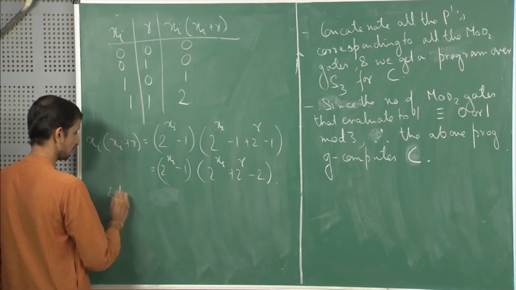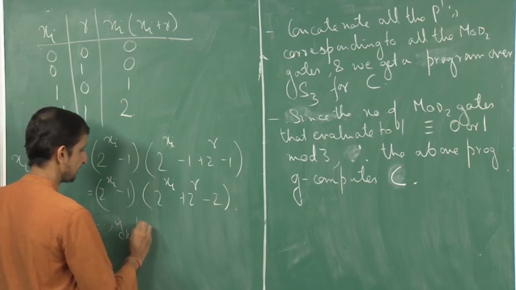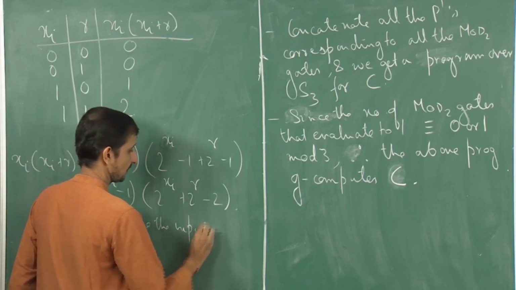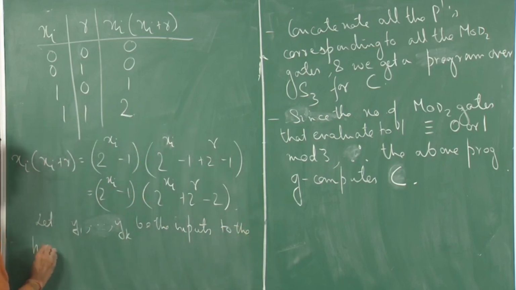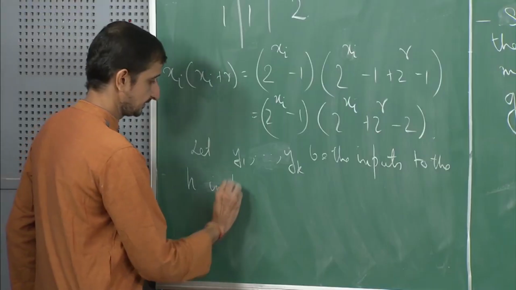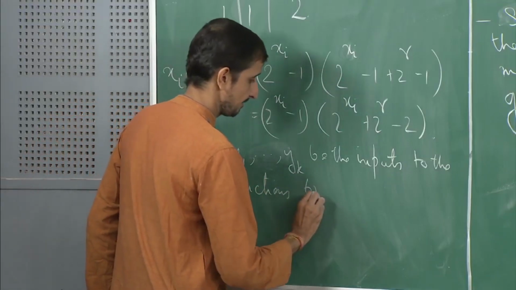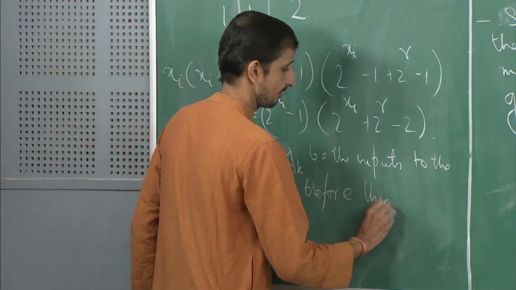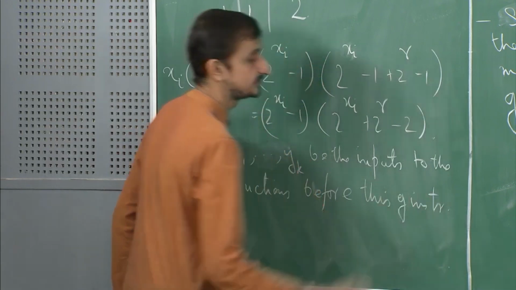Let y1 up to yk be the inputs to the H instructions before this G instruction.